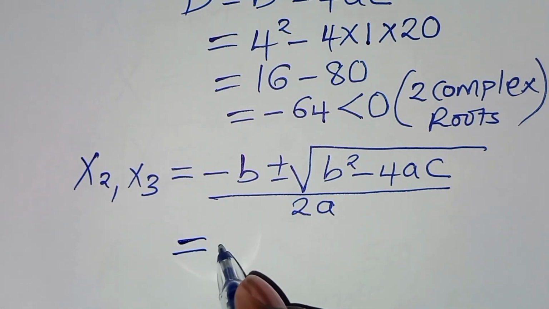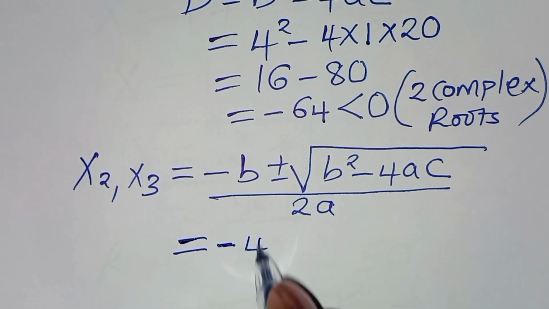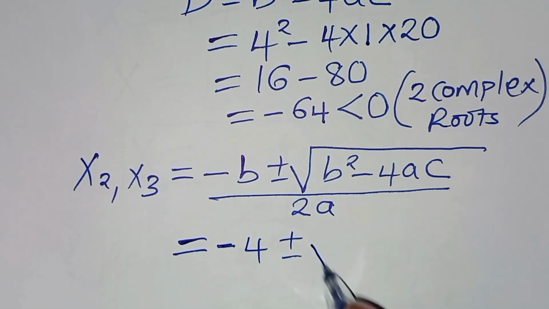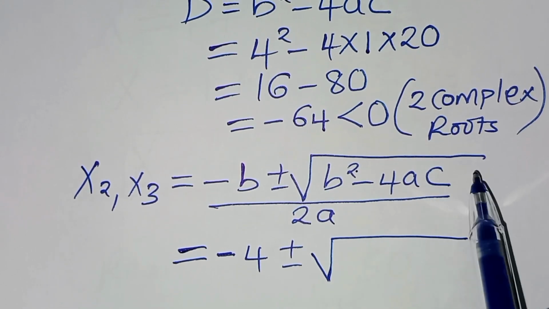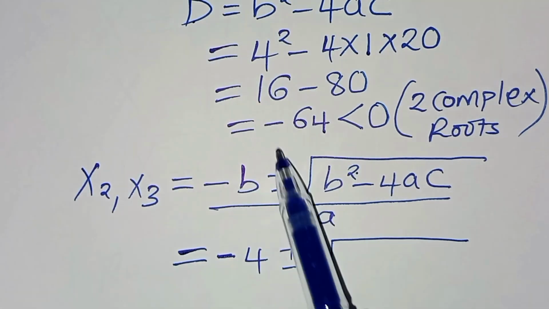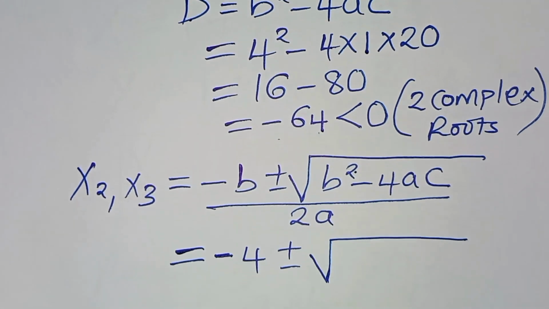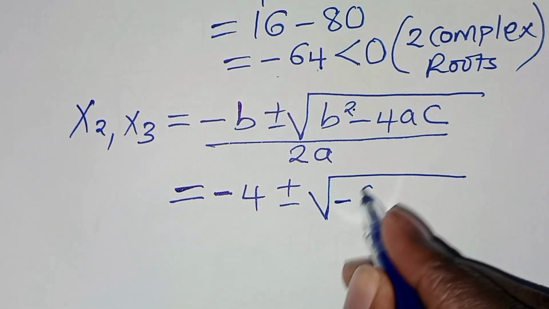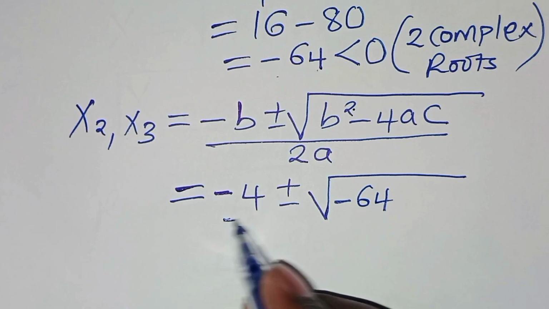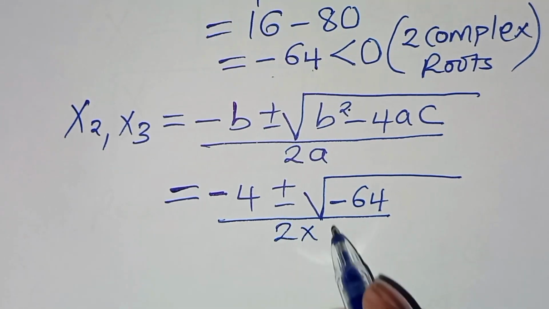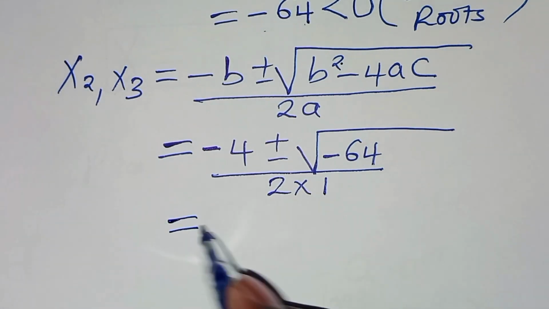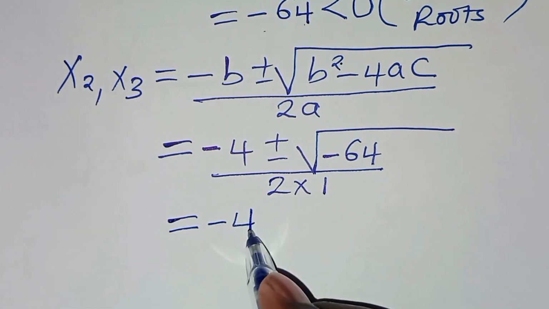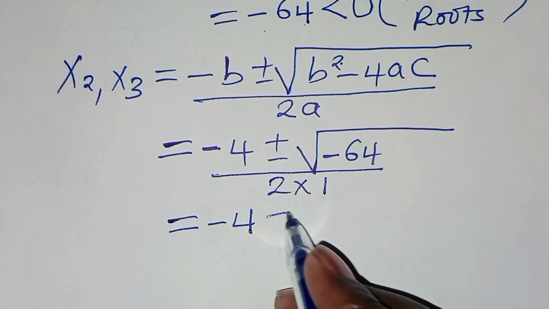In this case, we have minus 4 plus or minus the square root of the discriminant value, which is negative 64, divided by 2 times 1. So then here we'll have negative 4 plus or minus.